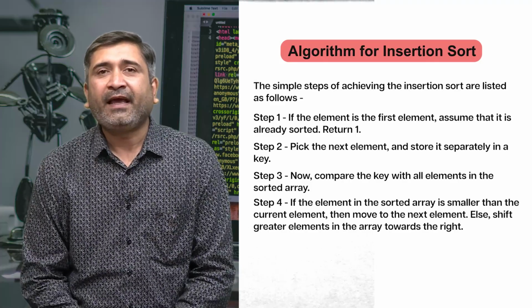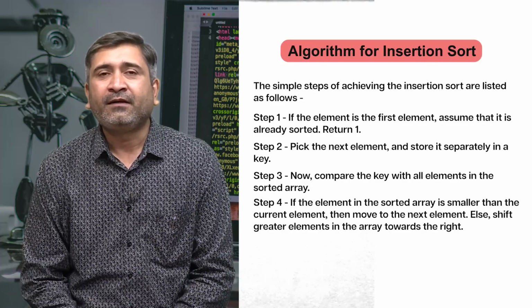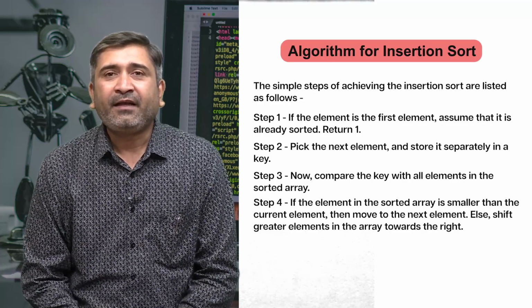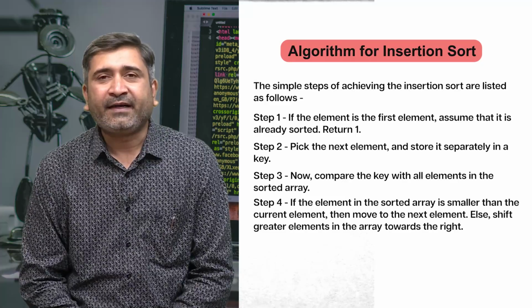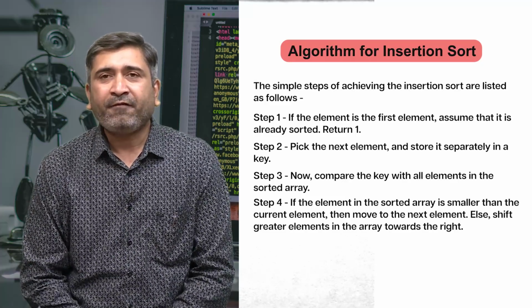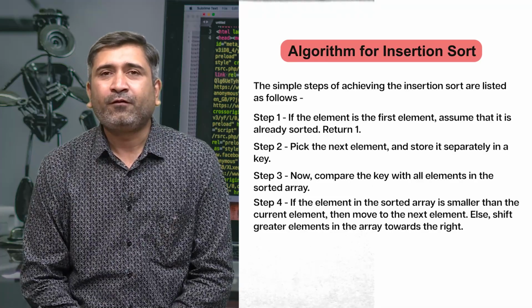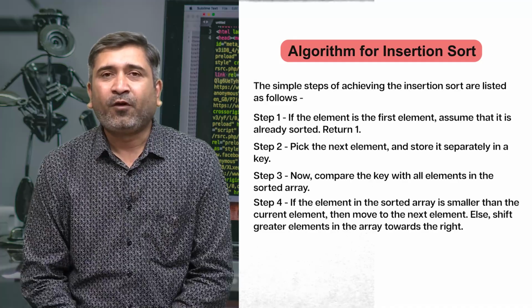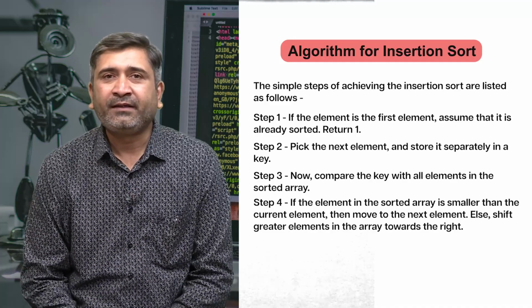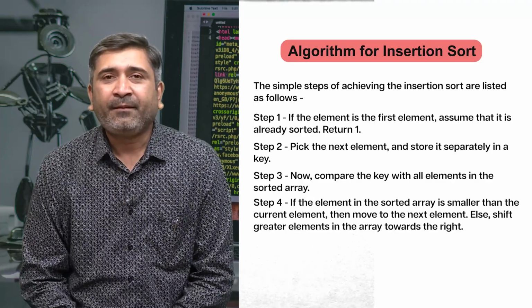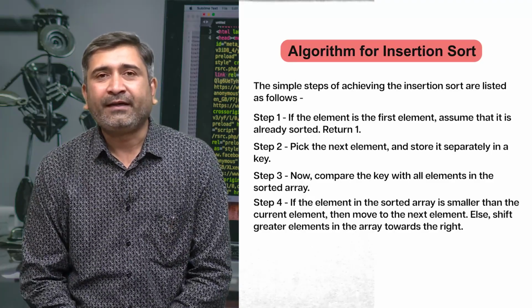Then the key element is compared with the leftmost sorted element. If the key element is greater than the sorted element, we don't have to do anything, but if the key element is smaller, then swapping is done between the key and the element from the sorted list.